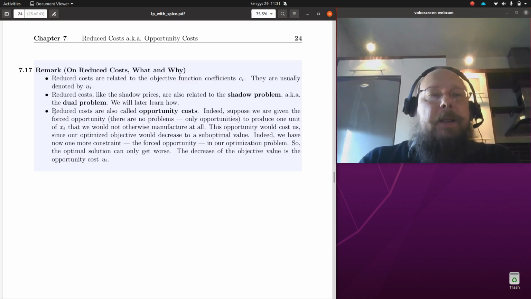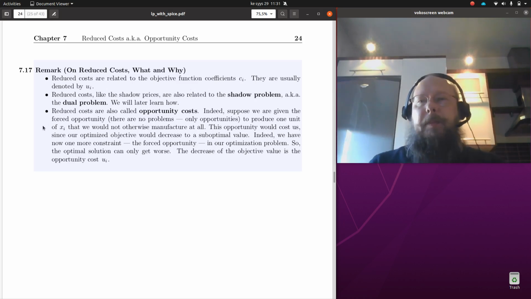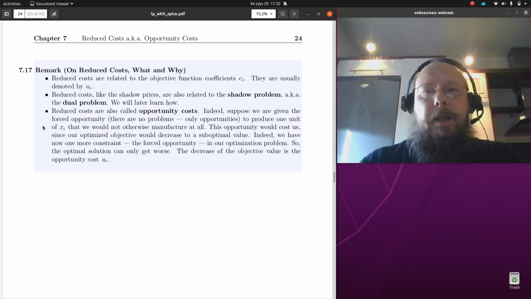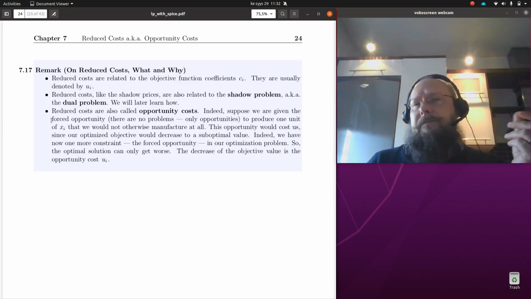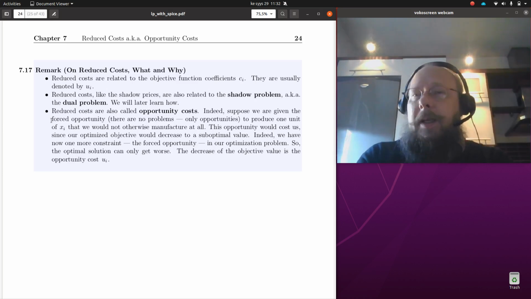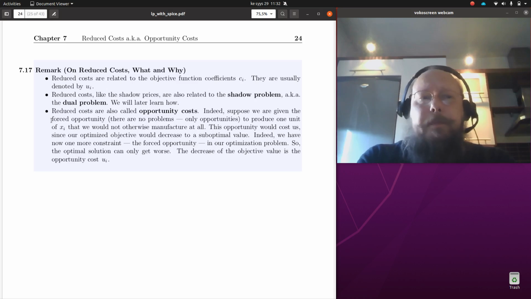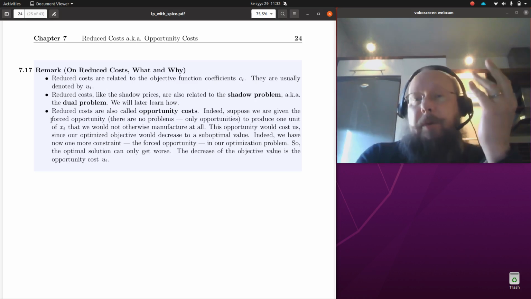And finally, this is maybe a new point, but something that should be more or less clear now if you think about it. The reduced costs are also called opportunity costs. And what is the opportunity here and what is the cost of it? So one way of looking at it: suppose that we are given the forced opportunity, there are no problems, only opportunities, that we have to produce 1 unit of Xi, say the Harkonnen cake or the Atreides conscripts, that otherwise we wouldn't do at all.